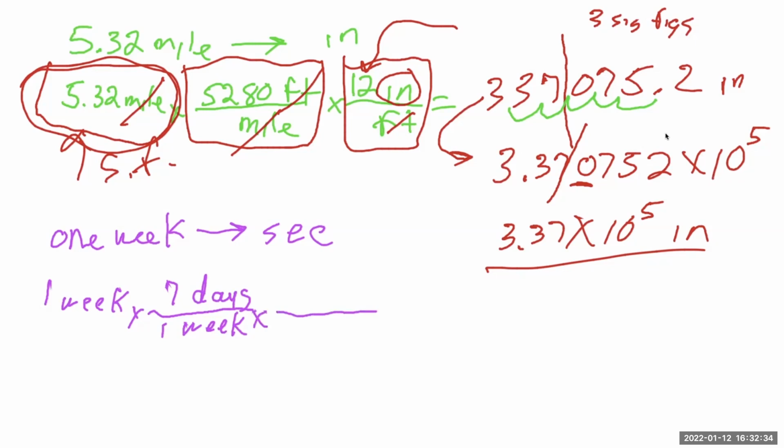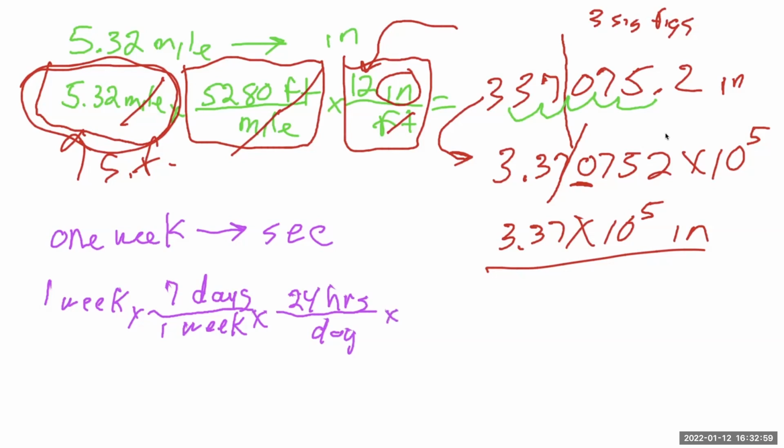Okay. And from days, I can convert to what? I convert to hours, because I know there's 24 hours in a day. So day has to go on the bottom. 24 hours are in 1 day. From hours, I can go to minutes.